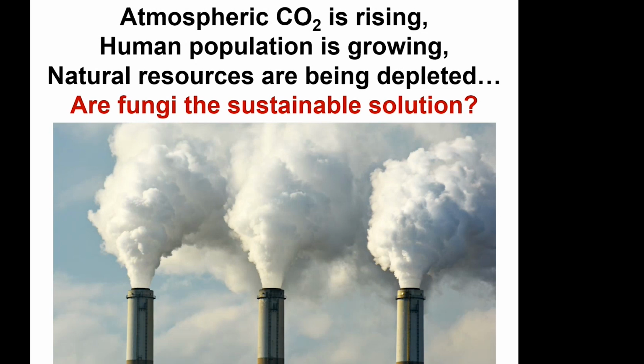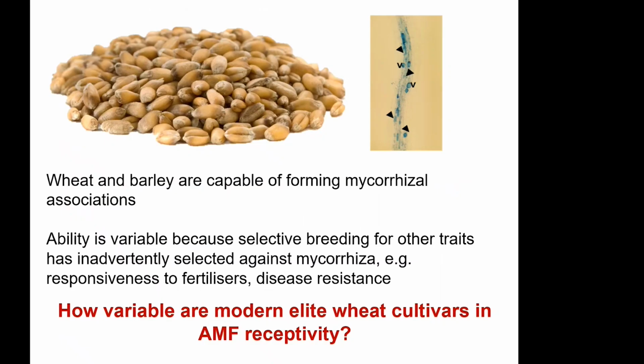and so on. And so one of the things that we've been really interested in over the last few years is looking at crops and crop mycorrhizas to see how useful they really are, and whether it is a realistic alternative to applying synthetic fertilizers in agricultural scenarios. So we know wheat and barley, for instance, are very capable of forming mycorrhizal associations.